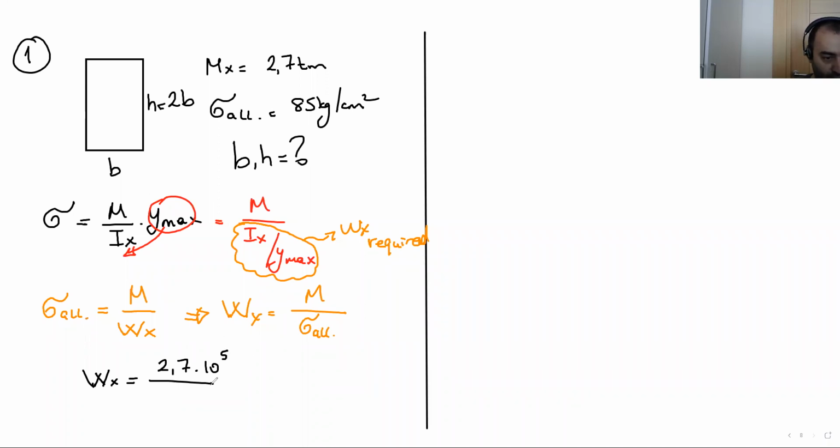This is for the unit conversion, over allowable stress, which is 85. Now we have this one. This is the required section elastic modulus.